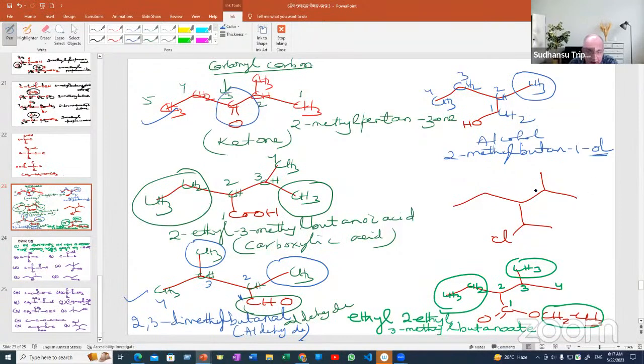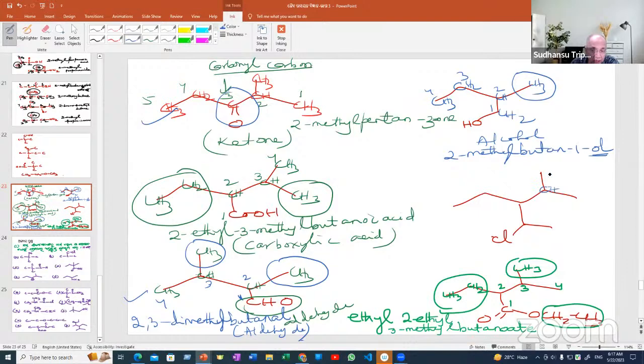But here, if you take this, it will be 2, 3. If you take this, it will be 2, 3. So therefore, the alphabetically senior group should get the lower locant. So we have to go via chlorine, so that alphabetically senior chlorine, because it is C, this is isopropyl.